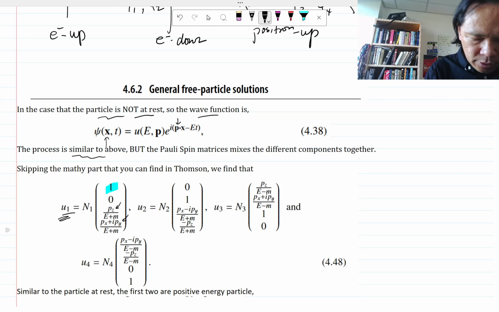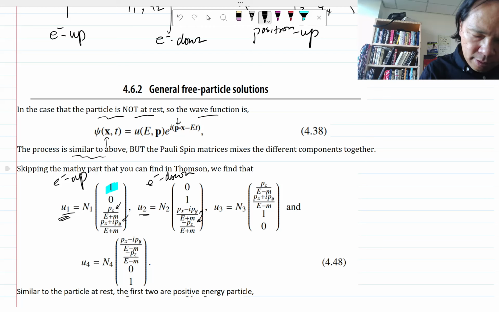Okay. So u2 is very similar, except you basically switch the x and the y place. This is still the spinor for an electron with spin up, and u2 is still the spinor for an electron but spin down.